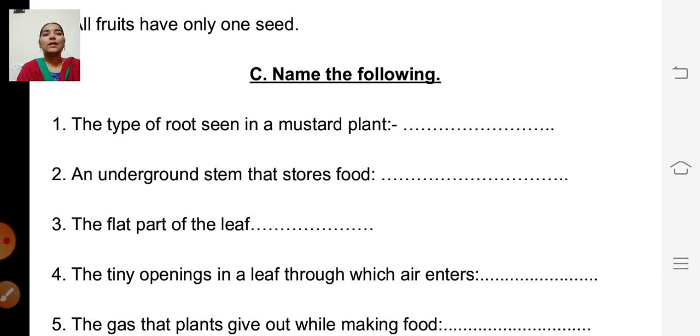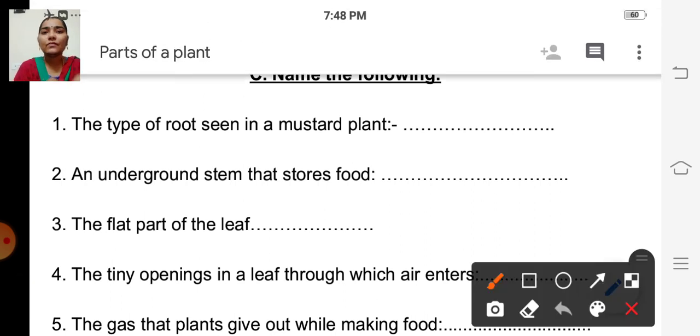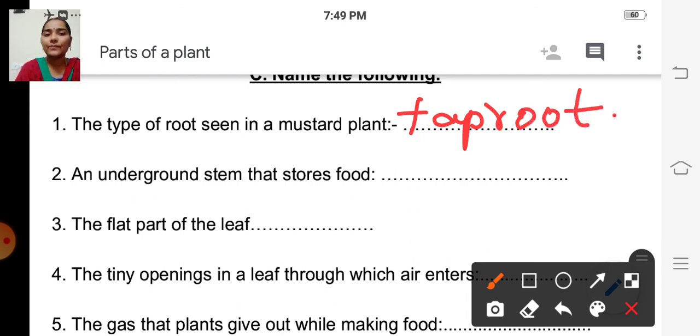So the next one, name the following. First question, the type of fruit seen in a mustard plant. What type of fruit is seen in a mustard plant? Taproot. Okay, taproot. Second one, an underground stem that stores food.